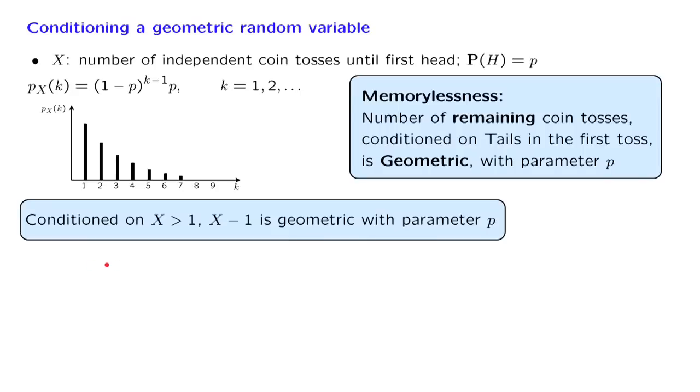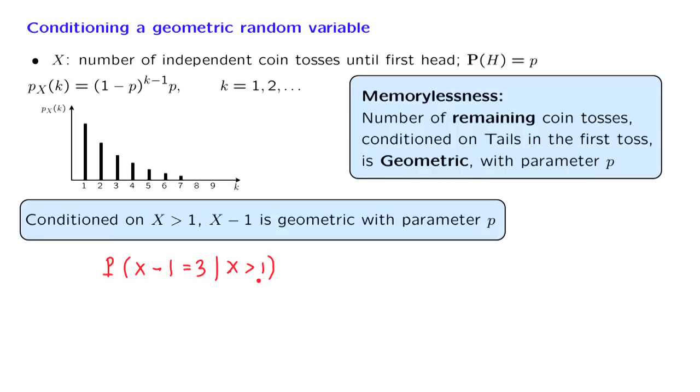Let us look at the conditional probabilities for the random variable X minus 1 and calculate, for example, the conditional probability that X minus 1 is equal to 3, given that X is larger than 1, which is the same as saying that the first toss resulted in tails.